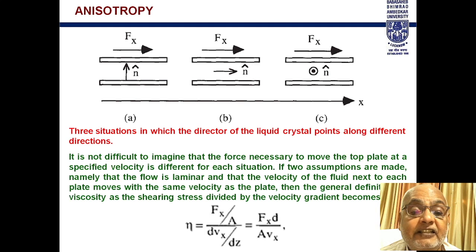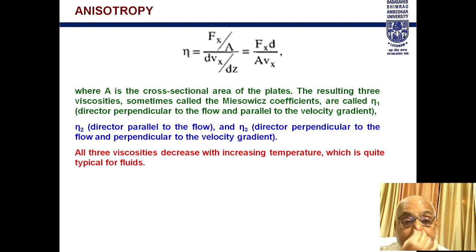then the general definition of the viscosity as shearing stress divided by the velocity gradient becomes eta equals Fx by A divided by dVx by dz, which is equal to Fx d divided by A Vx, where A is the cross-sectional area of the plate, resulting in three viscosities, sometimes called the Miesowicz coefficients: eta 1 directed perpendicular to the flow direction, eta 2 directed parallel to the flow direction, and eta 3 directed perpendicular to the flow and perpendicular to the velocity gradient.